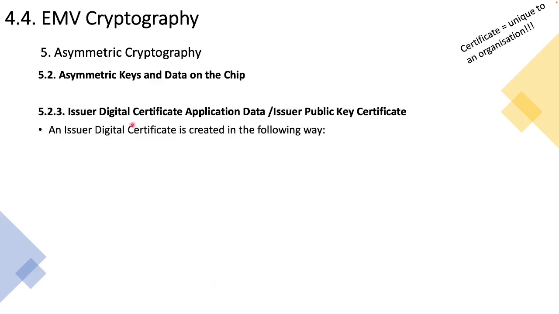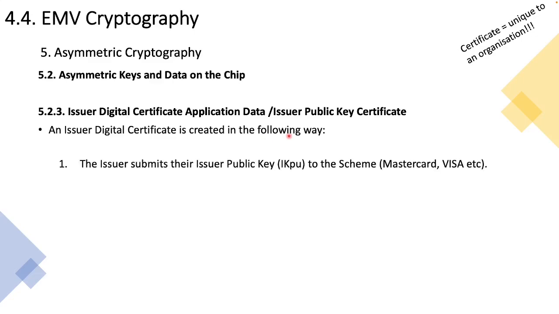Right. Next, we're looking at a certificate: an issuer digital certificate, or issuer public key certificate. The issuer digital certificate is created in the following way. The issuer will submit their issuer public key.